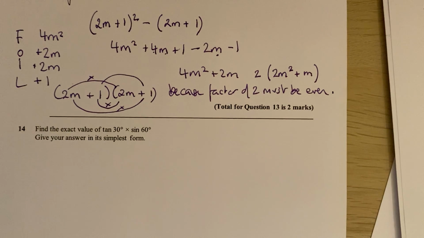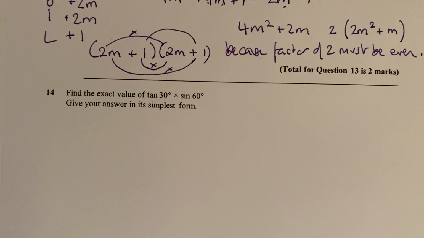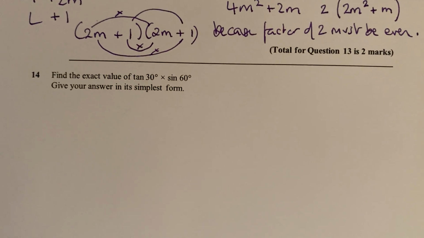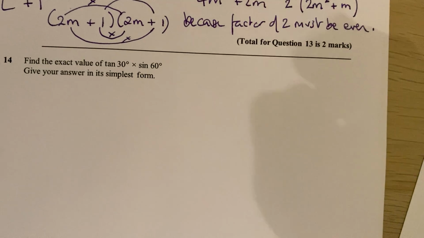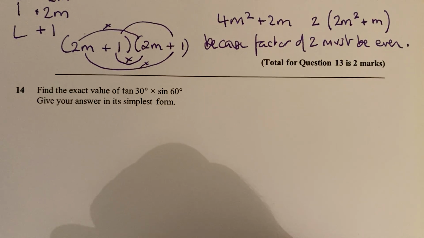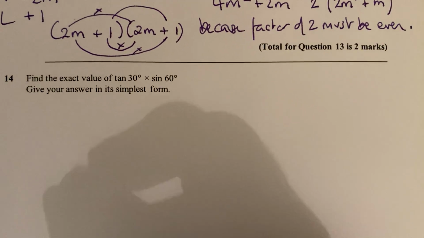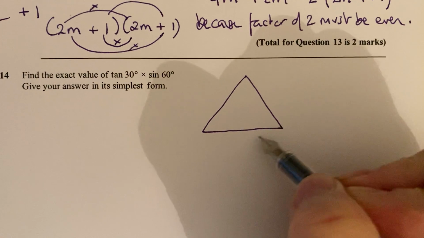Now we get to question 14. Now 14 again is a really nice question. And for this one, you need to remember a few basic things, and that's what you've got to try to hold on to. So first of all, you need to remember some of the things like what is tan 30, what is sine 60. And there are lots of ways of remembering it, but if you're like me and you've got terrible memory, I'm going to do it this way.